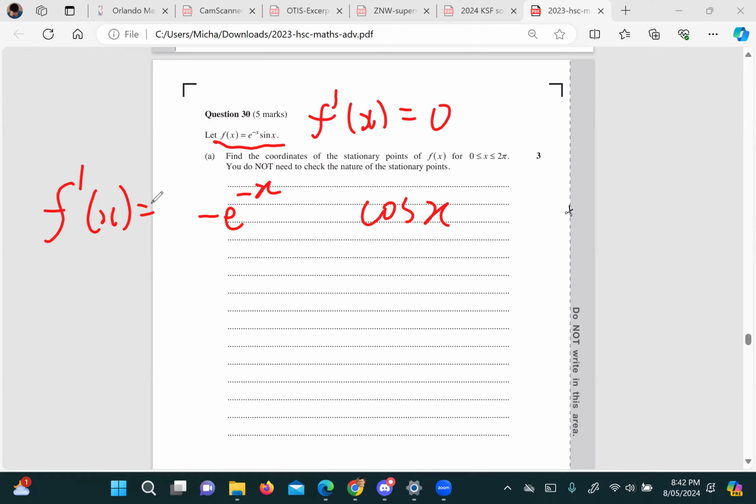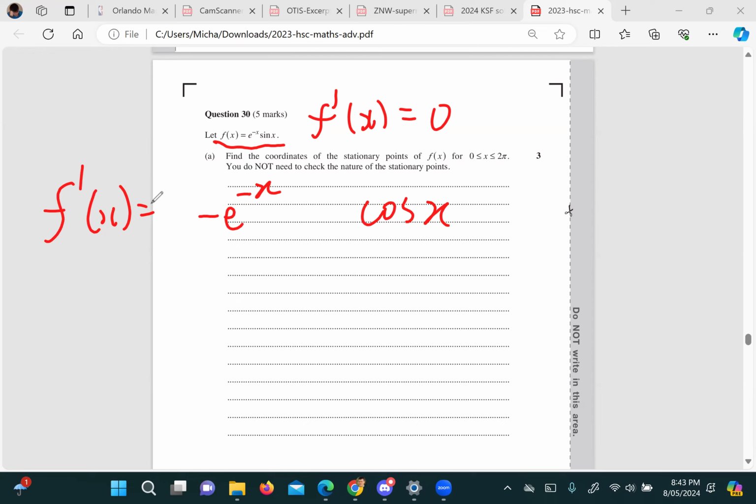I mean, you could use the quotient rule, but it's essentially the same. But remember, I try to avoid using the quotient rule when possible. So what other rule could you use? I mean, did you use the quotient rule? Oh, you were speculating as to what you could do.